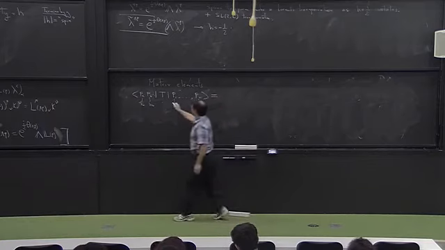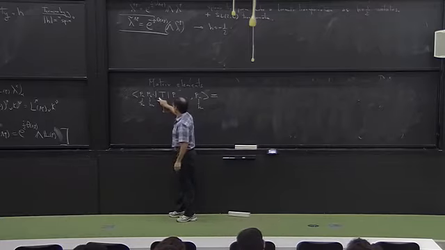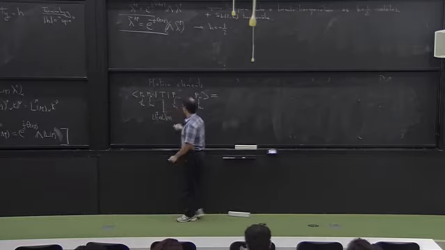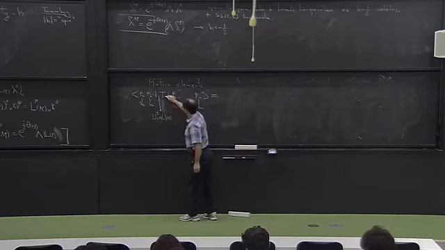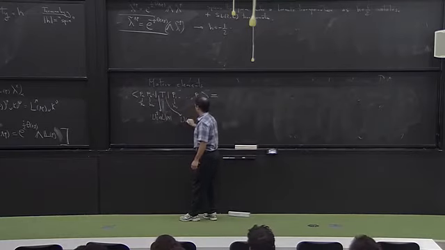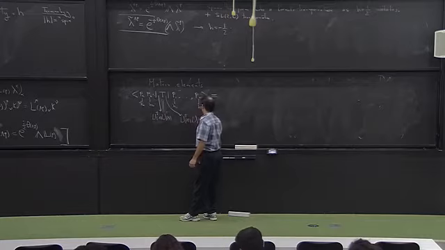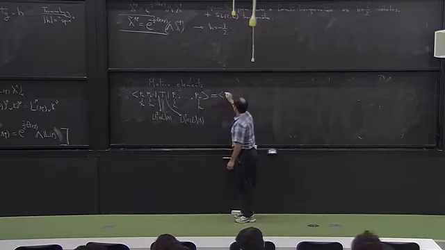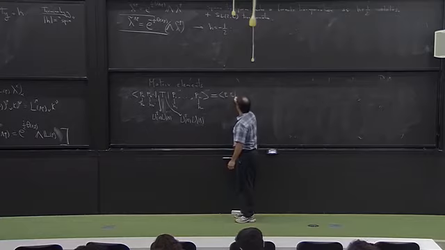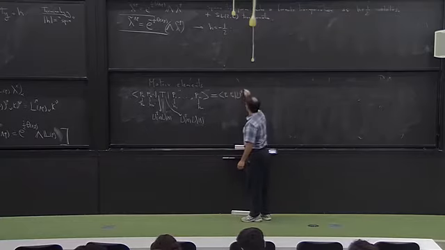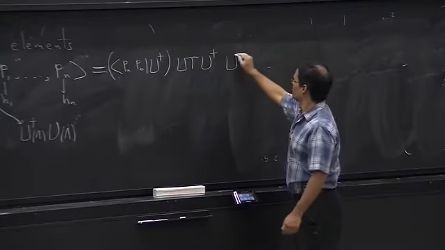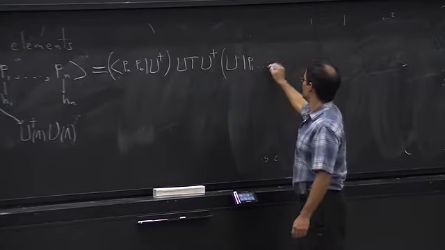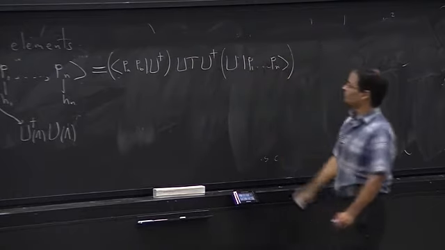Now, if I apply a Lorentz transformation, say, I put here u dagger of lambda, u dagger. I put it here. So this is the identity. And I put here u lambda dagger u lambda. What do I get? I get PA, PB, u dagger, u, u dagger, u acting on these states. Okay?